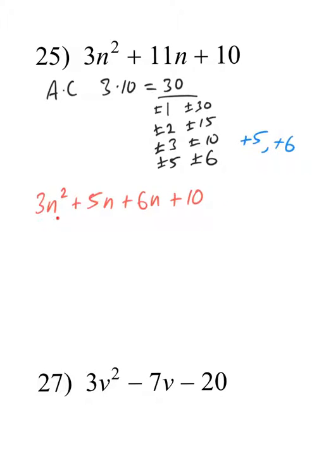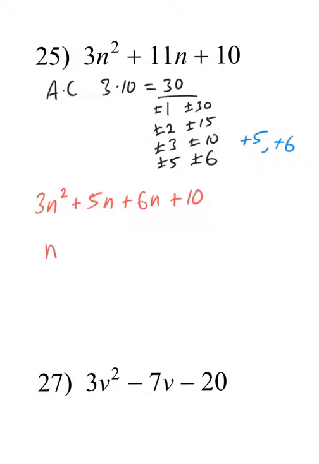So I've got 3n squared plus 5n plus 6n plus 10. Now at this point, we're right back to where we should hopefully be comfortable by now, and that is factoring by grouping. Right? So let's go through and factor this thing by grouping.